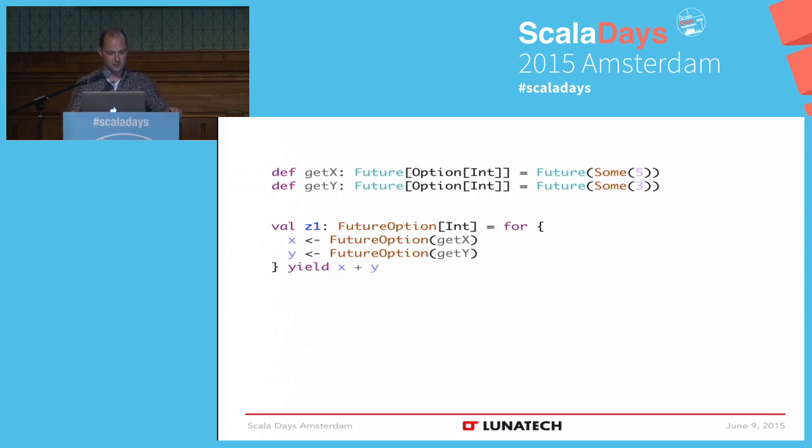So back to our original problem, getX and getY still return a Future of an Option of an Int. We want to add the two integers that are in the center of these structures. So now we just wrap the Future[Option[Int]] in our new FutureOption class. Use that in a for-comprehension, and now in the for-comprehension x and y are integers, and we can just add them.